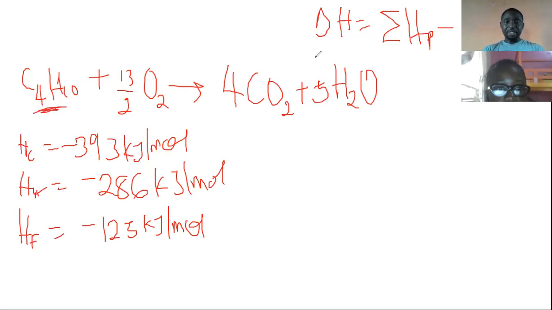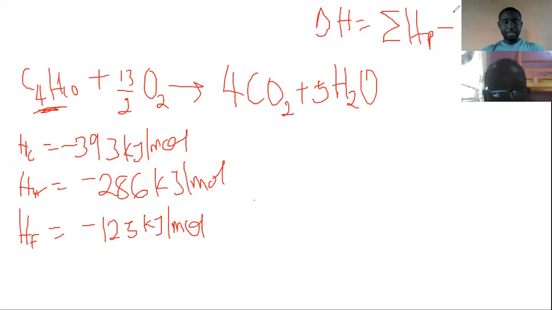And they gave us the heat of combustion. This is a combustion reaction because it reacts with oxygen. They gave us the heat of combustion of carbon and of hydrogen. Let me repeat: the heat of reaction, delta H, is the sum of the heat of the products minus the sum of the heat of the reactants.